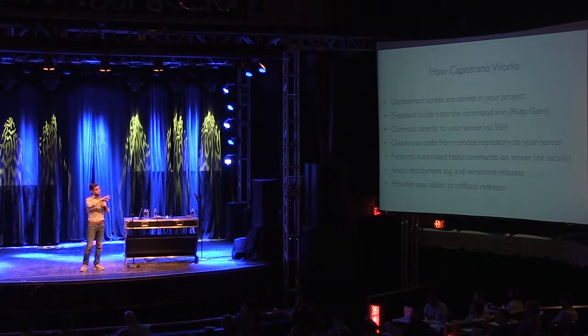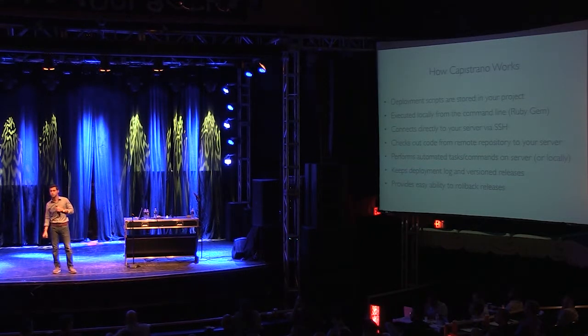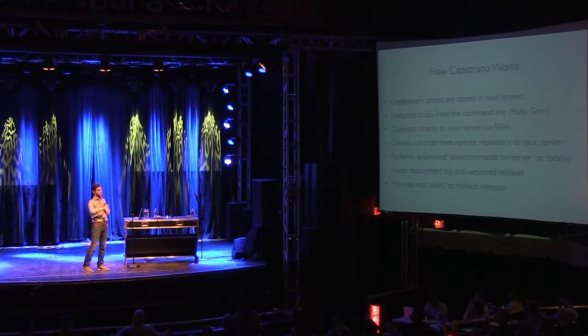When you execute the deployment command, it connects directly to your server over SSH. So there's a few dependencies there. You need to make sure that you have SSH access to your server. It connects to your hosted repository on GitHub or Bitbucket or any type of hosted repository, and checks out the code from there.